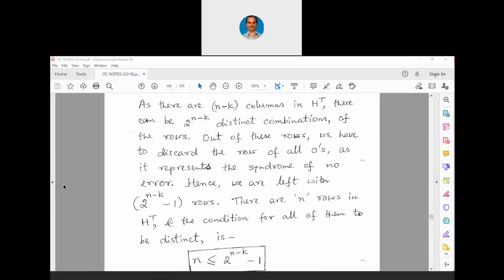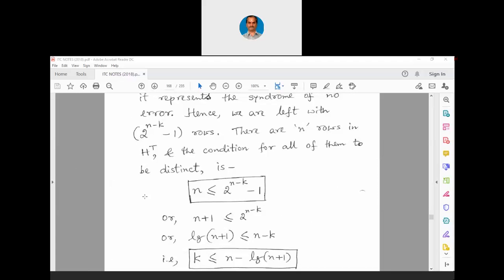As we have seen in the previous example, we don't have all the syndrome vectors in the H transposed. So in that case, n is less than 2 power n minus k minus 1. The number of rows in the Hamming transposed is actually less than the total number of rows that are possible, excluding the rows having all zeros. So we can write it this way: n is less than or equal to 2 power n minus k minus 1.